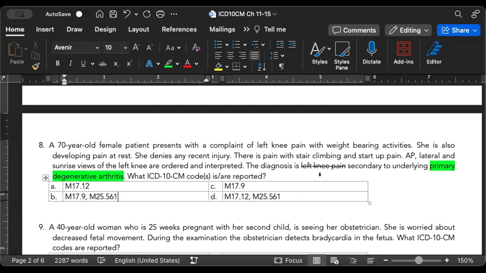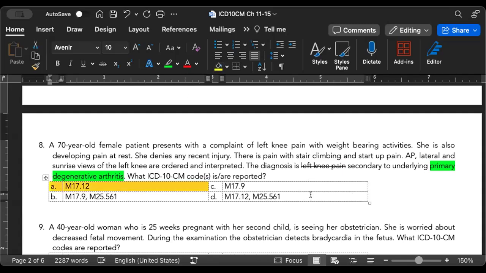And then what is our ICD-10 code for the left knee osteoarthritis for primary? Yep.